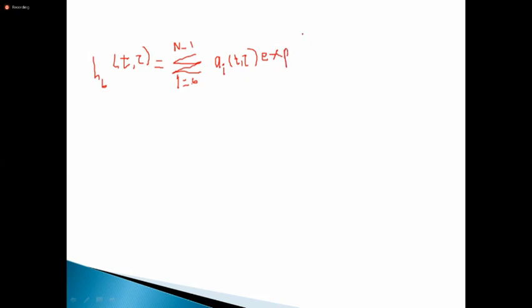Exponential j, where j is the complex number, 2 pi f_c t. f_c is the carrier frequency that is transmitted. Okay. Minus tau_i(t), plus, now this whole term represents the phase shift due to the propagation in the multipath distance.